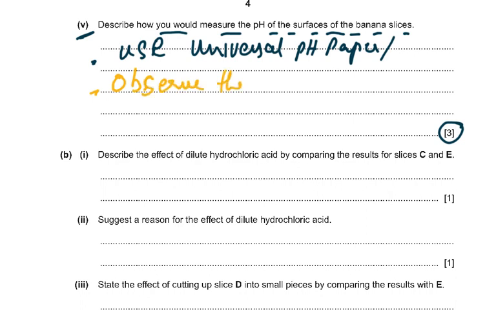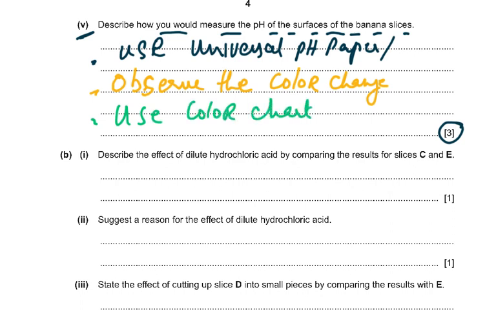You see what happens to the pH. And then you use a color chart to compare it with. You've got to think, it's 3 marks. So you have to give me 1, 2, 3 marking scheme points. Otherwise, this is not going to get you any marks.